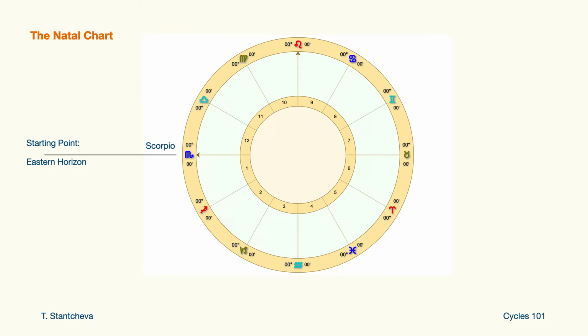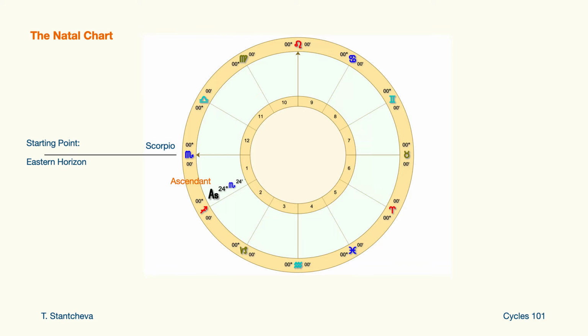I picked here a chart that was arbitrary, and so what I did is, for the time of erecting this chart, Scorpio energy was rising above the horizon. You can go even a little bit more specific and say, well, which degree of the 30 degrees of Scorpio was rising at the time when I created this chart?